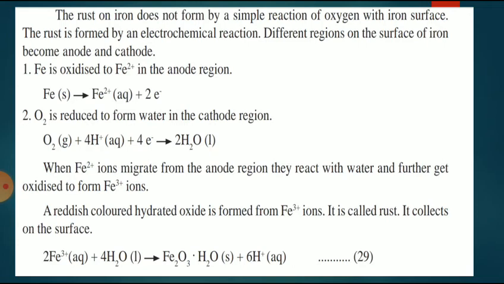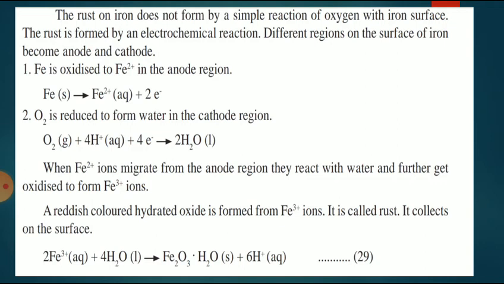Anode and cathode, anions and cations. Here Fe is oxidized into Fe2+, releasing 2 electrons. Here oxidation takes place. Then O2 is reduced to form water in the cathode region.